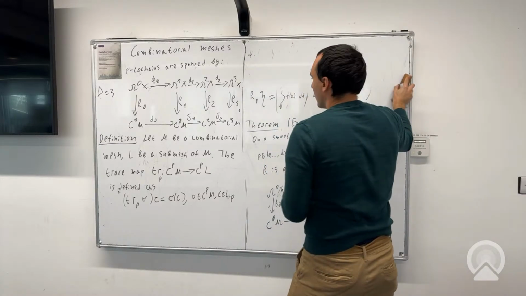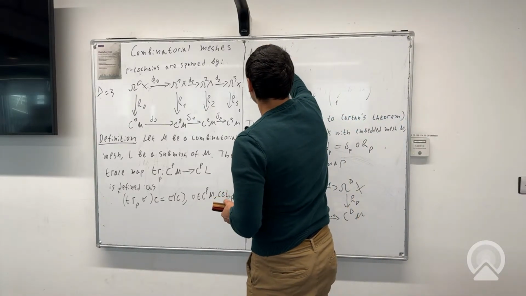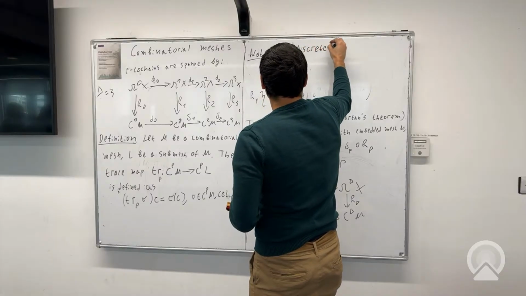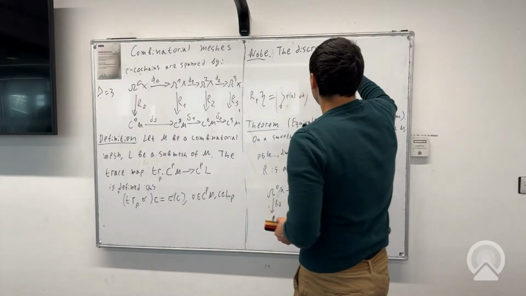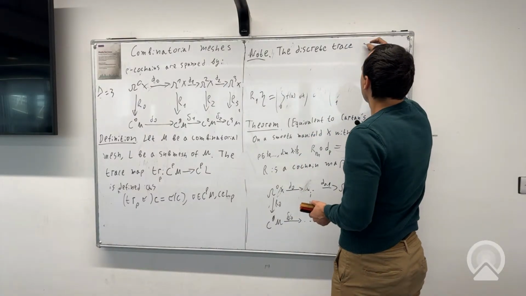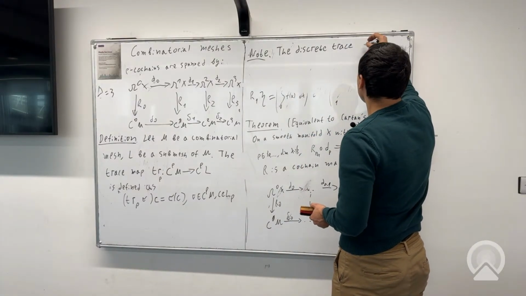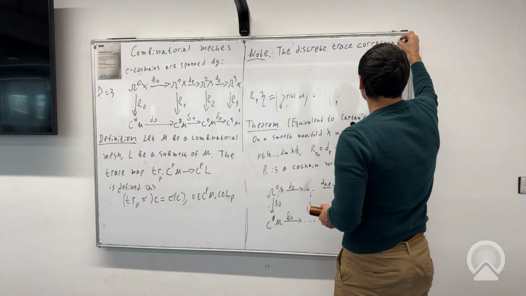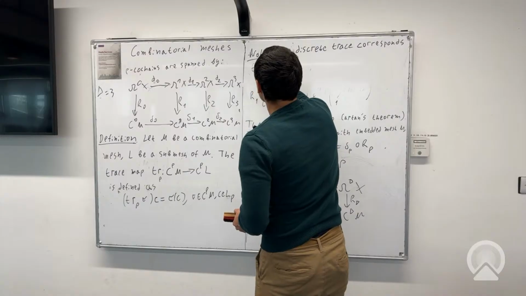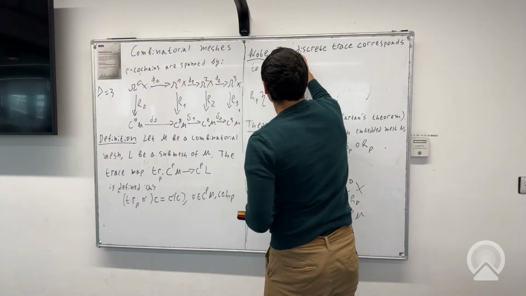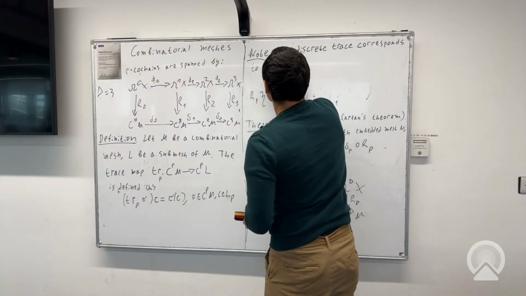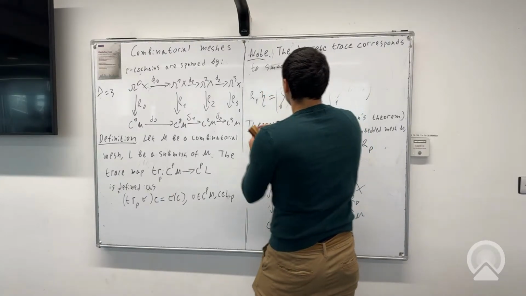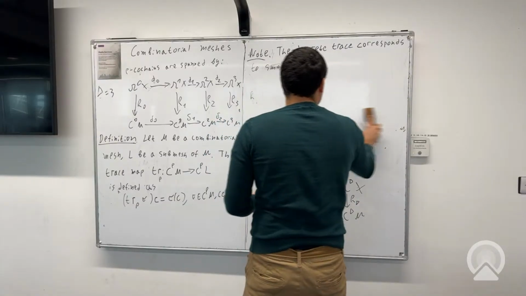And so the good fact is that the discrete trace corresponds to the continuous, smooth trace. So it can also be given as the following diagram.